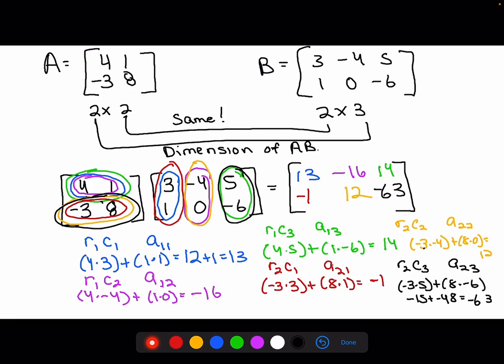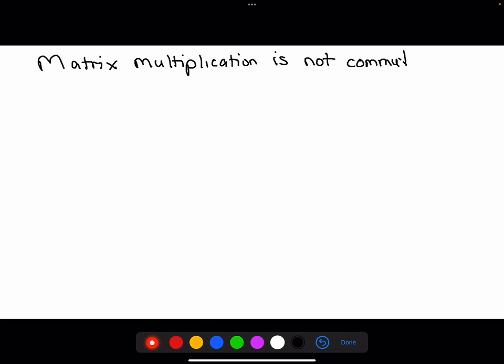So that's an example that shows that matrix multiplication is not commutative. AB is not equal to BA.